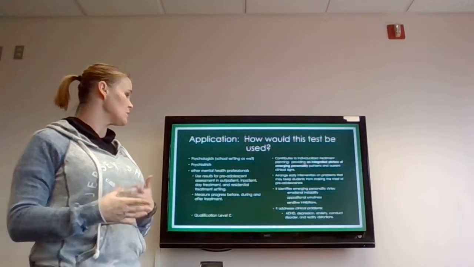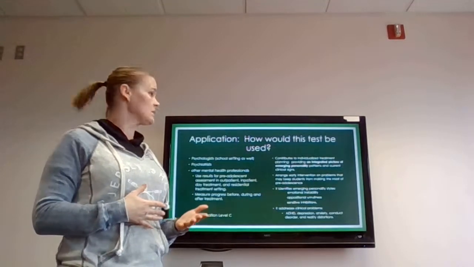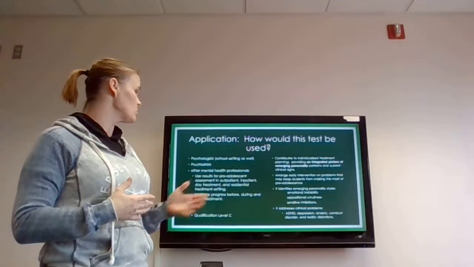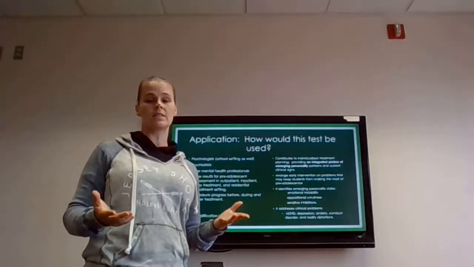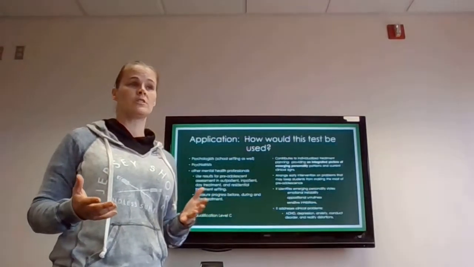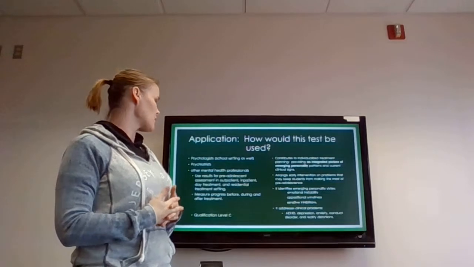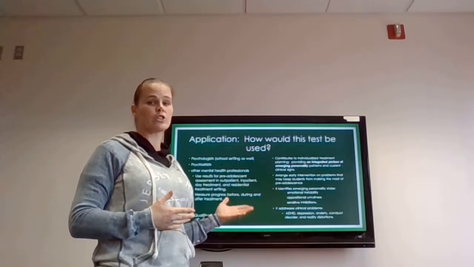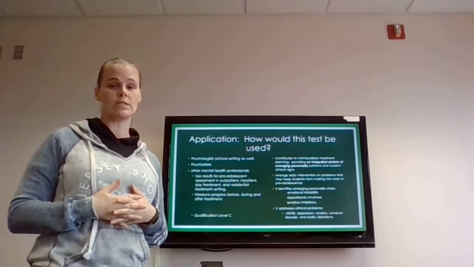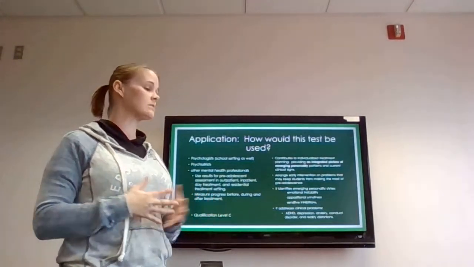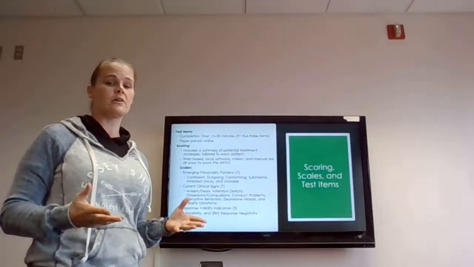It identifies the emerging personality styles of emotional instability, oppositional unruliness, and sensitive inhibitions, and it addresses clinical issues, and this is why it is more of an integrated approach. So it does identify problems such as ADHD, depression, anxiety, conduct disorder, and reality distortions in teens and preteens. So some of the scoring and scales.